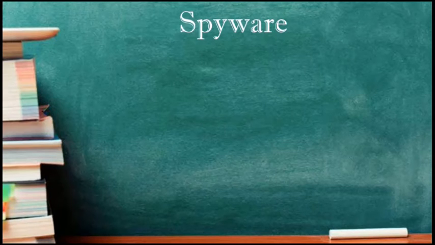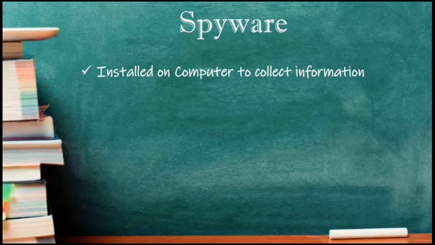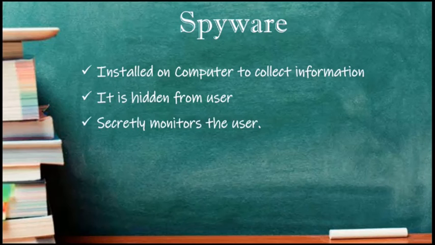The next topic is spyware. Spyware is a type of malware that is installed on computers and collects information about users without their knowledge. The presence of the software is typically hidden from the user. It is secretly installed on the user's personal computer.